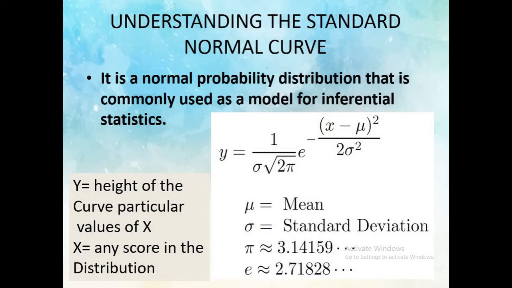So y is the height of the curve for particular values of x. X is any score in the distribution, μ is the mean, σ is the standard deviation, π is approximately 3.14159, and e, or Euler's number, is approximately 2.71828.